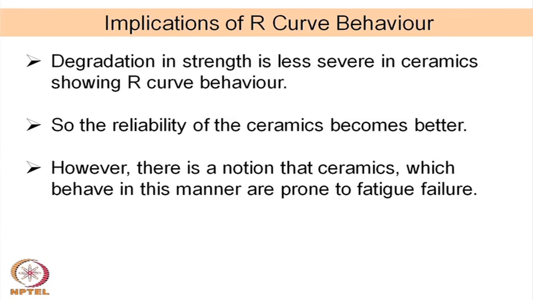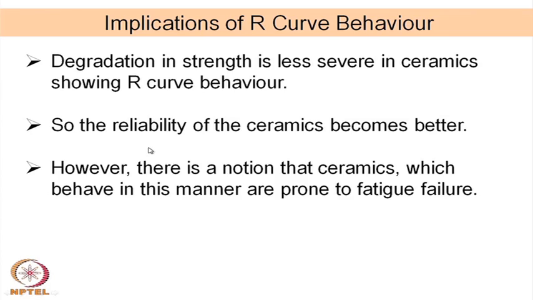Strength certainly becomes more reliable, the materials become less prone to fracture, under normal stress conditions. But if there is fatigue loading, a kind of cyclic loading of tensile load as well as compressive load one after the other, then there may be a possibility of failure, and the material becomes less reliable, particularly under fatigue loading.